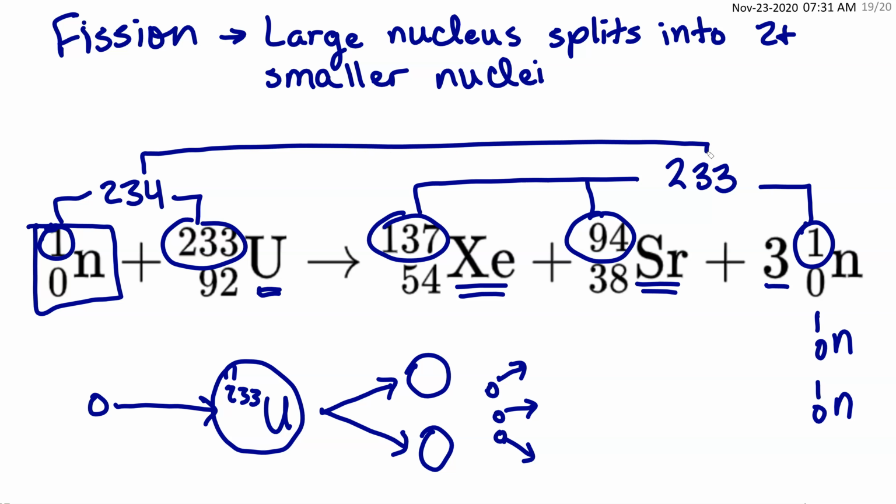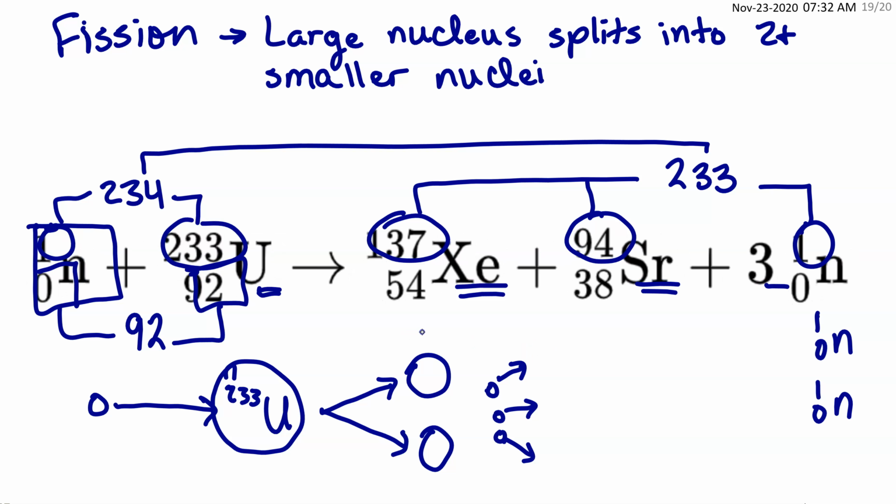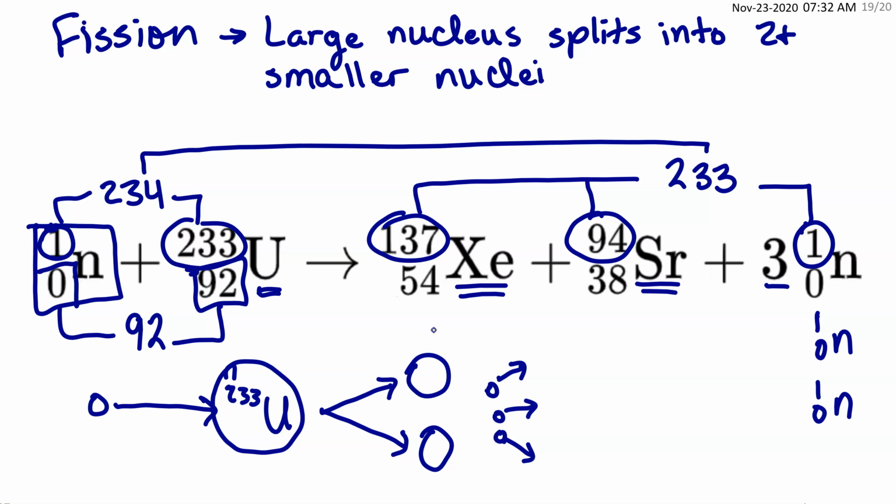Our atomic numbers, on one side, it starts with 92, and remember, neutrons don't have an atomic number. So it starts with 92. Okay, so on one side, they add up to 92.